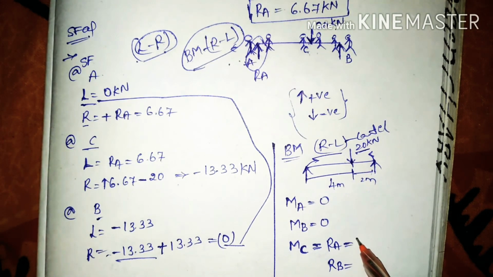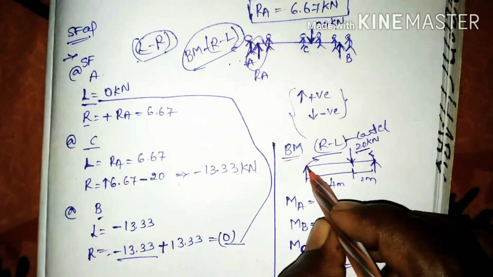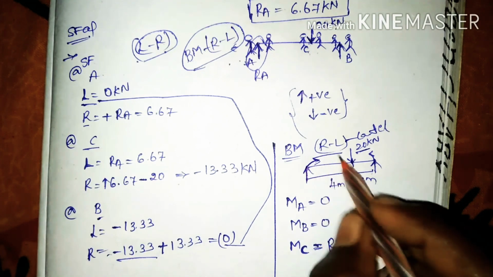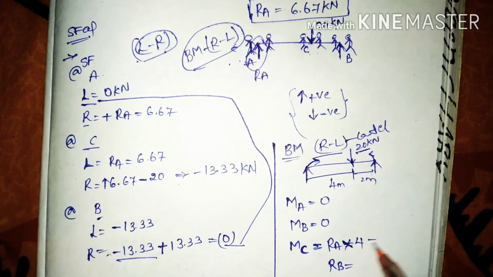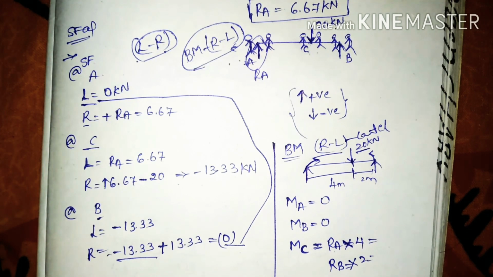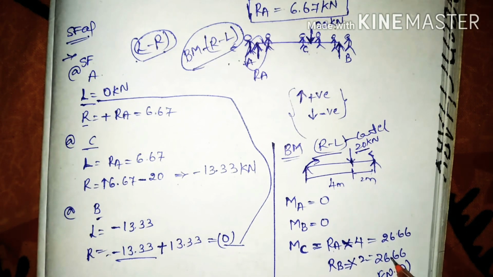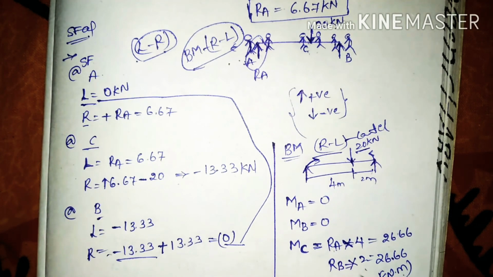From RA, going in a clockwise direction with a distance of 4 meters, the value is 26.66 kilonewton meter. You can take any one of the values from either A or B.